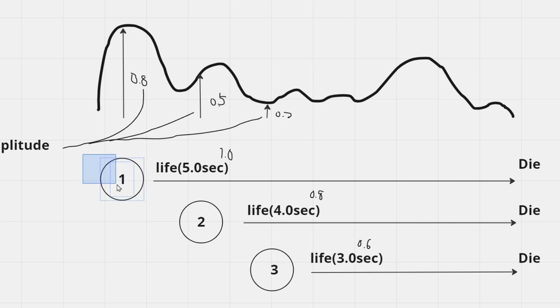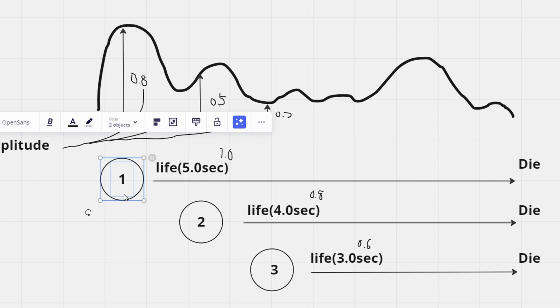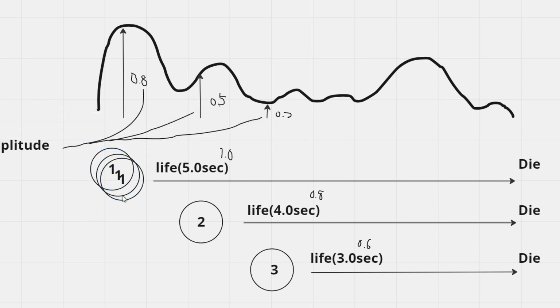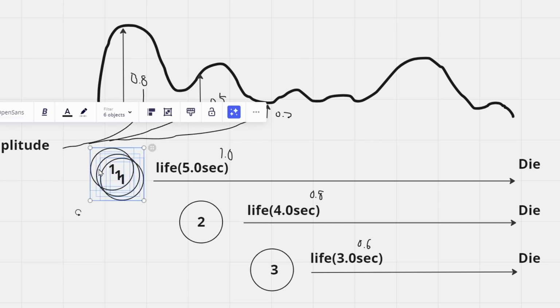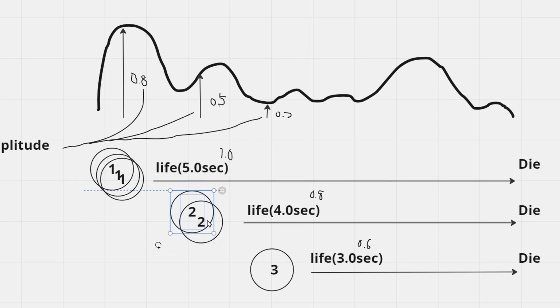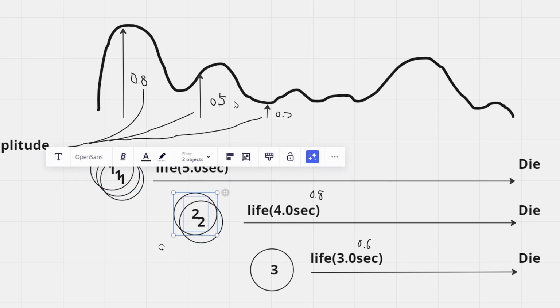Technically, there are like 2,000 particles at one second. The 2,000 particles at index 1 get to 0.8 at this time. And particle 2, also 2,000 particles in here, get to 0.5.